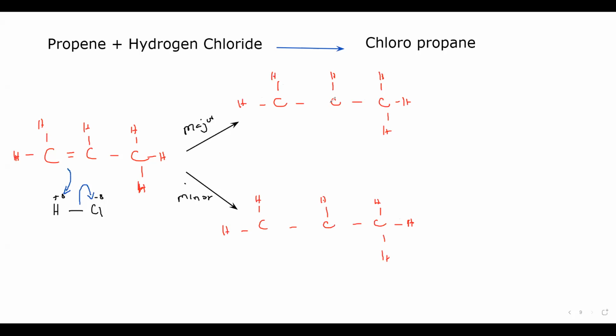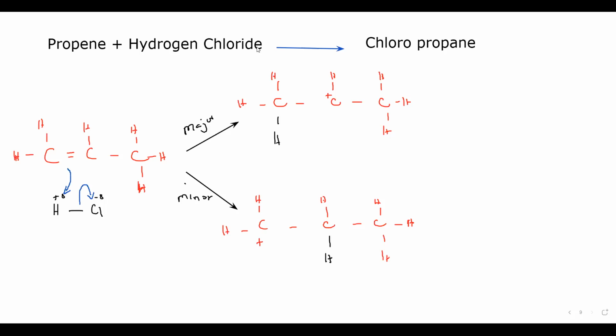If the carbon cation is formed on the second one, hydrogen will be attached to the first one. And the second possibility, if hydrogen is attached to the second one, the carbon cation is formed on the first.